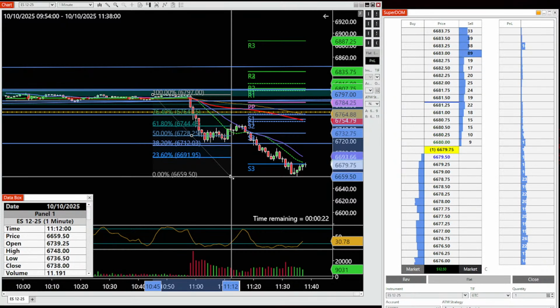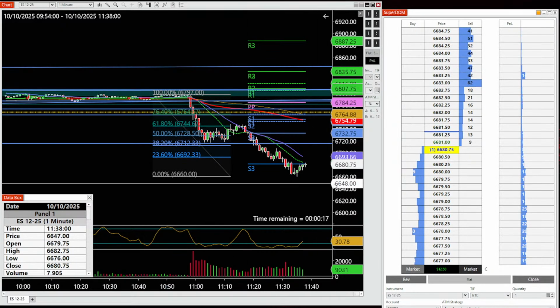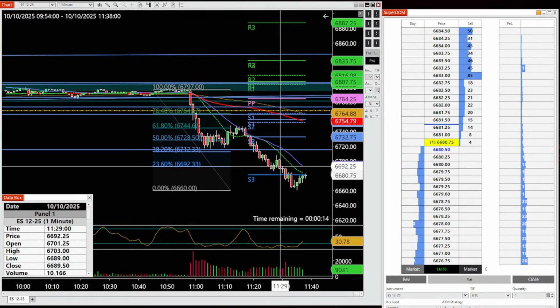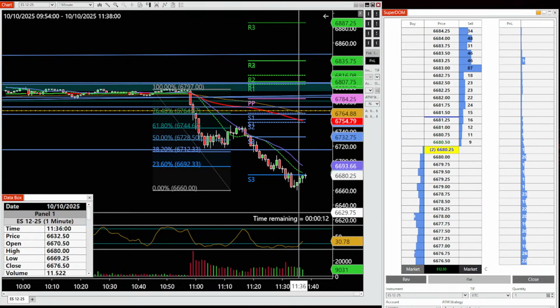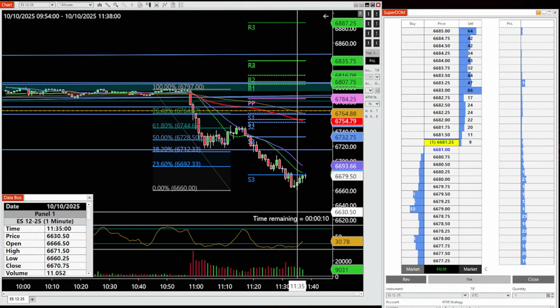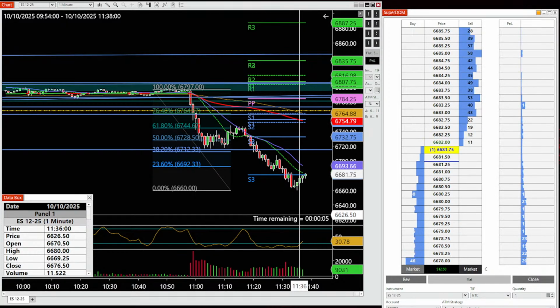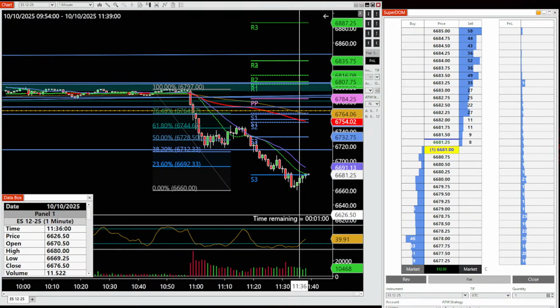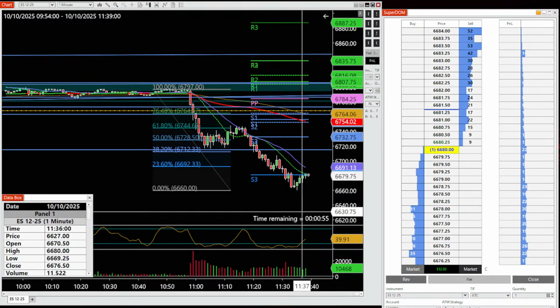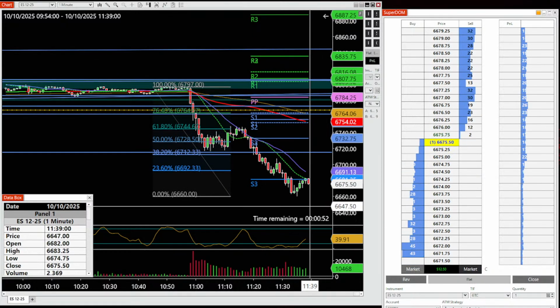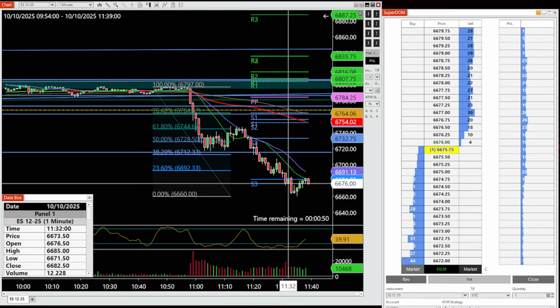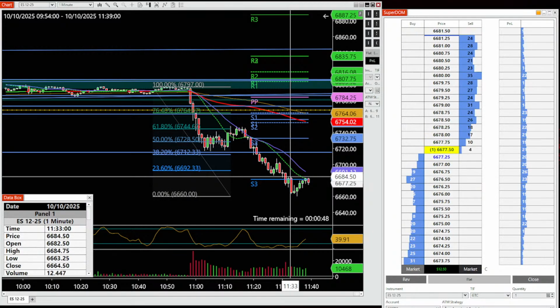92. Your pullback is nice. Pull back without breaking the low.